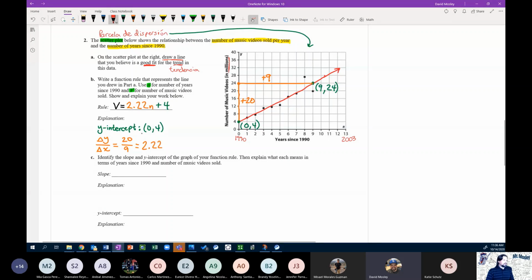Again, the 2.22, that's our tasa de cambio. And the 4 is our valor inicial for y.